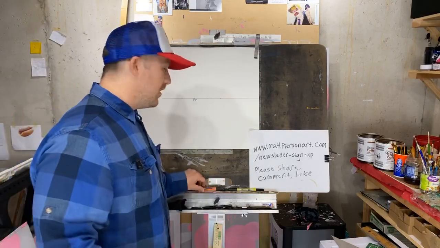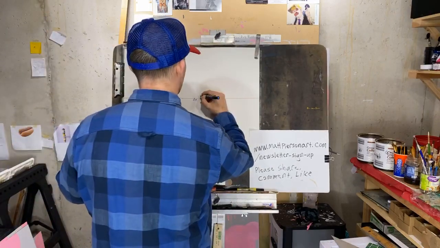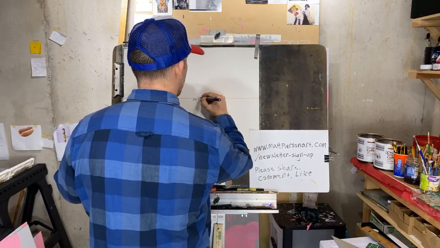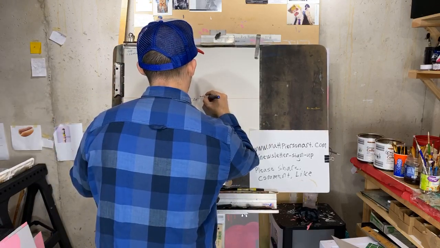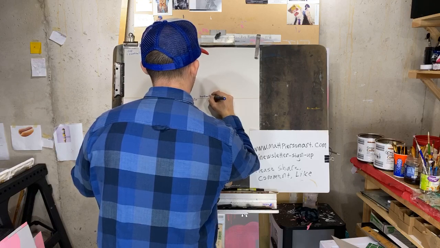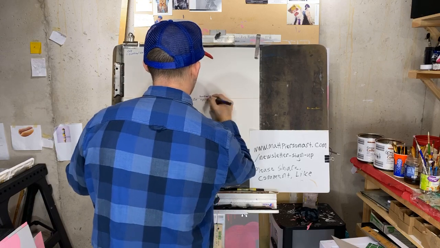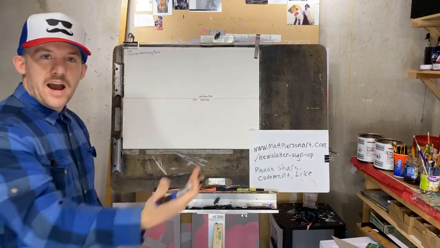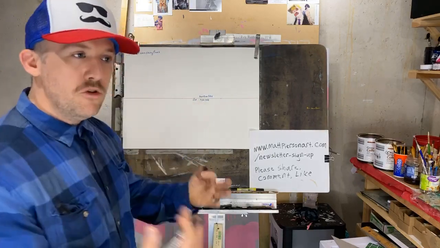Now we're going to add two new things. As I said before, in the last exercise, the little demo that I had, we had the horizon line or the eye line. And then we talked about the central vanishing point, which we used for the 1-point perspective.